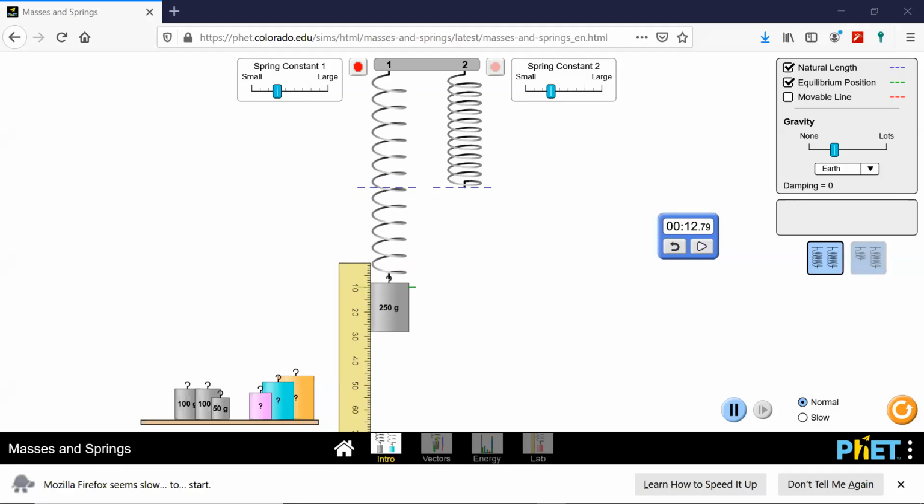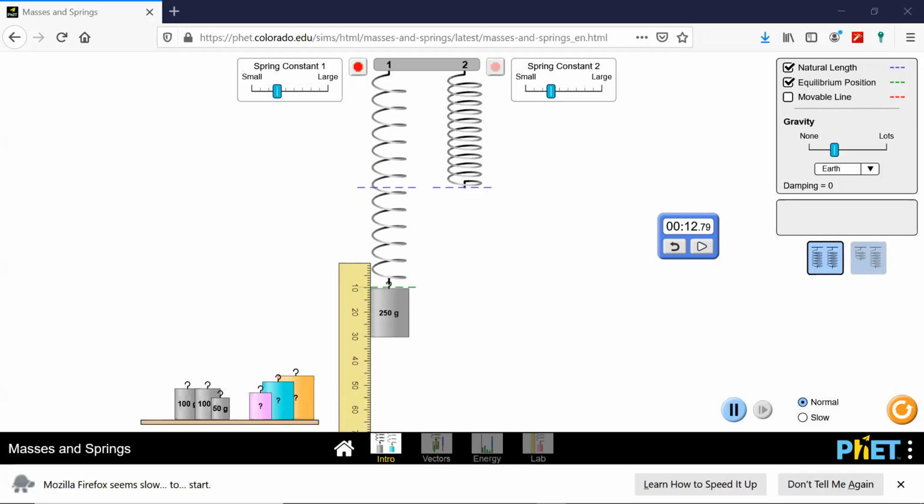Maybe keep 4 decimal places. Then we have to square this. I just squared it. So omega squared, and then multiply that by x, which was 15, and I get my acceleration.